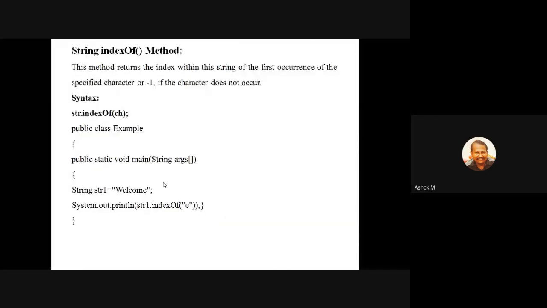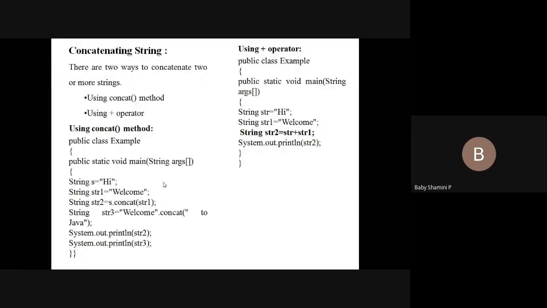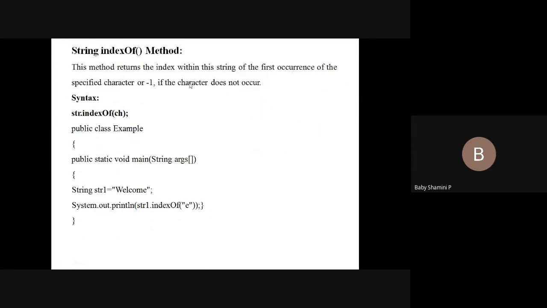Okay, next one is the string index of method. If you want to find the index value of a particular character, we go with the index of function. See the example: string str1 equal to welcome. Then System.out.println str1 dot index of.